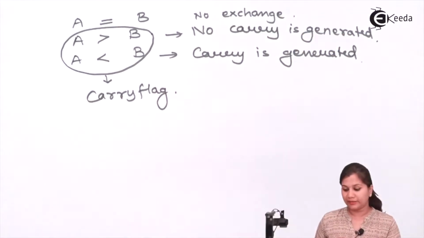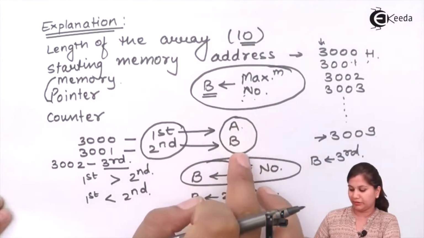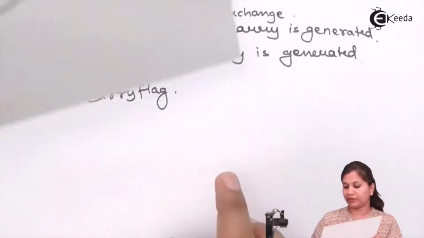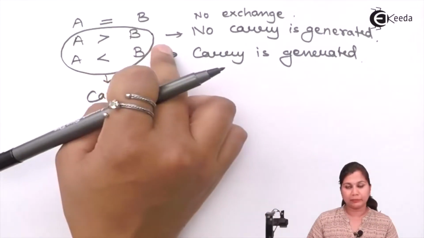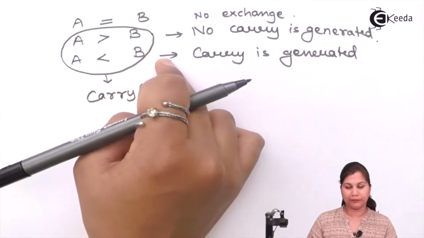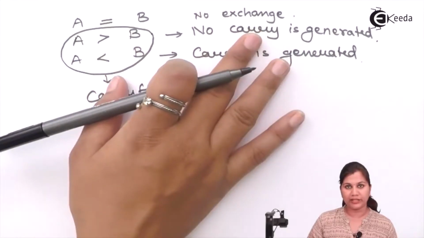So at this step, when we compare the two numbers in the A and B registers, we check whether they are equal to each other, or A is greater than B, or A is less than B. If they are equal to each other, there is no need to do any exchange.